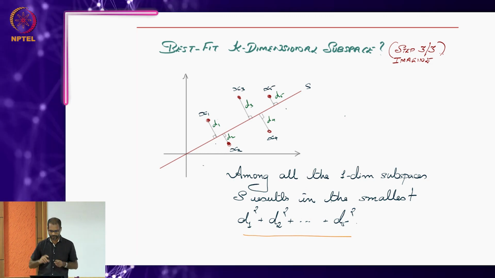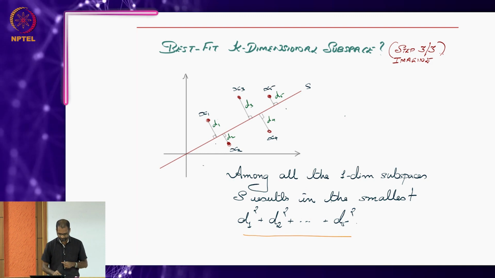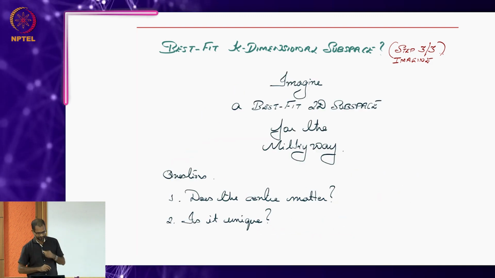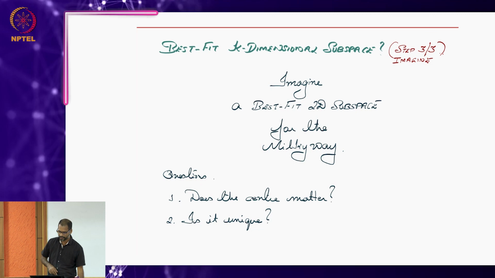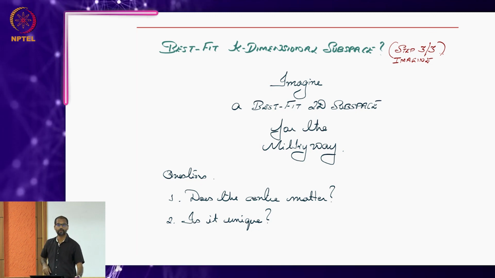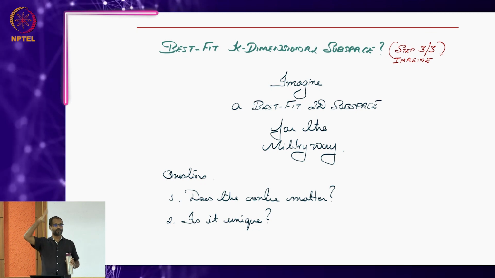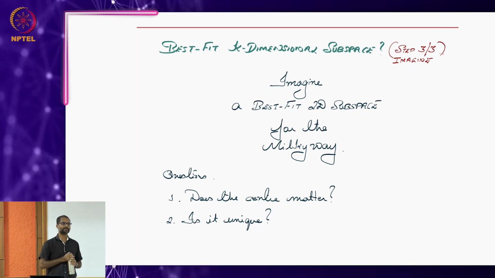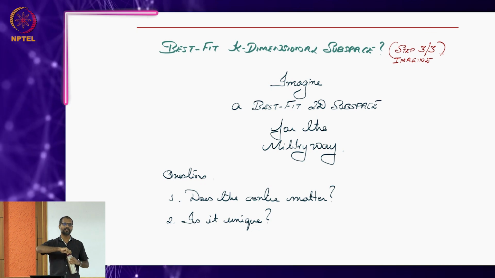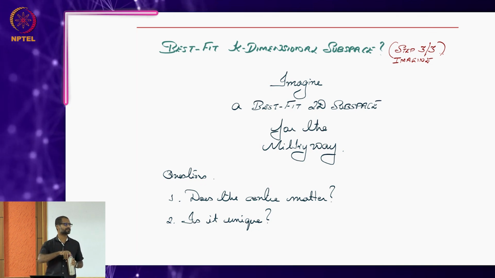Can you visualize the same for 3D? Imagine what would be the best fit two-dimensional subspace for the Milky Way galaxy. I really want you to imagine the Milky Way galaxy where all the points, all the vectors, are stars in the galaxy.